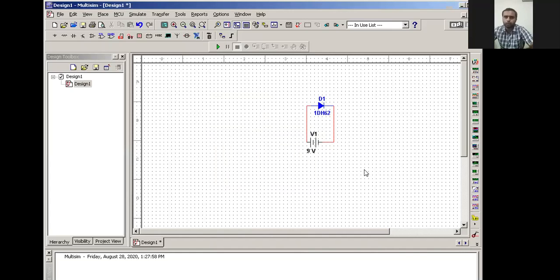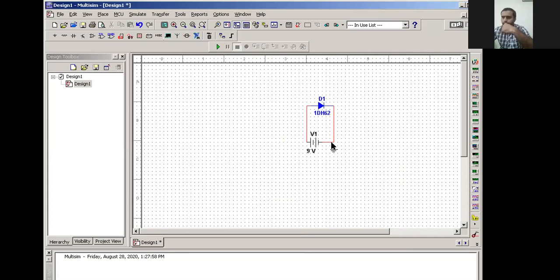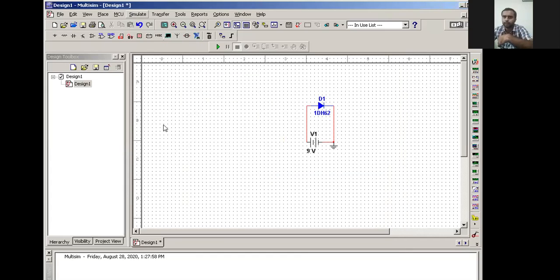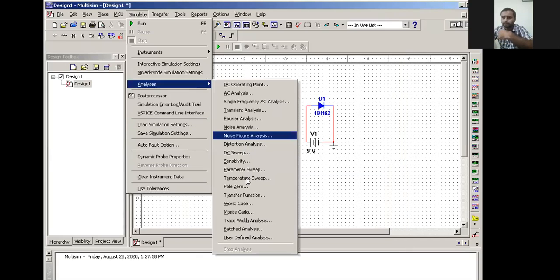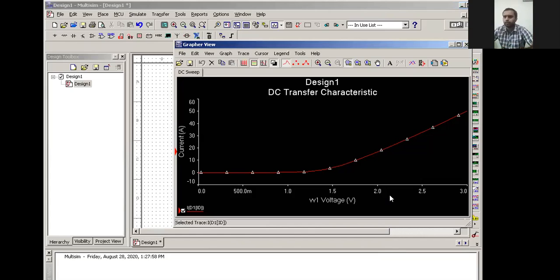Okay, there is a pop-up message that we have not applied a ground on this circuit. So just apply a ground here and try to simulate again. As shown in the figure, there is the graph of forward bias of the VI characteristic of the PN junction diode.